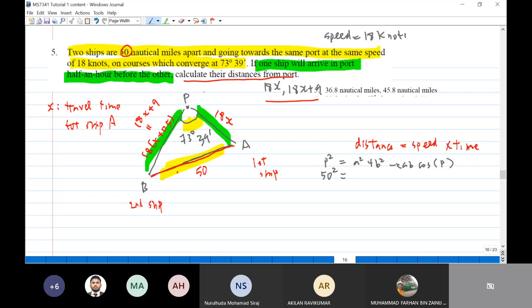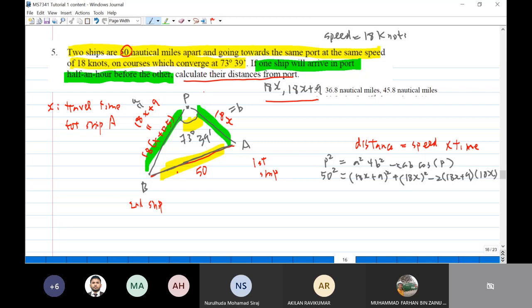So 50 squared equals a squared, where a is 18x plus 9, squared, plus b squared, where b is 18x, squared, minus 2ab, with a being 18x plus 9 and b being 18x.